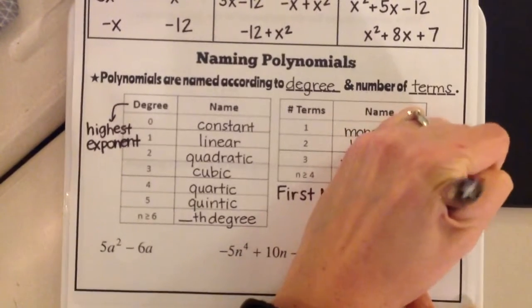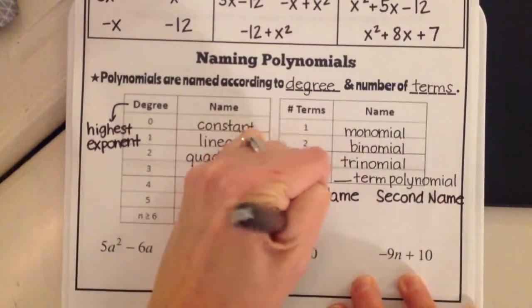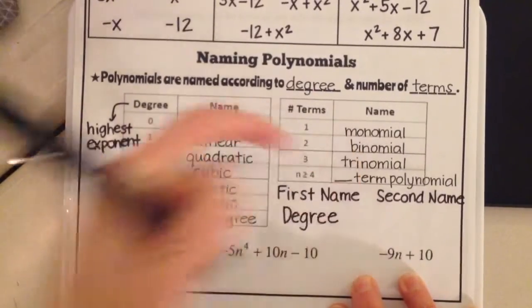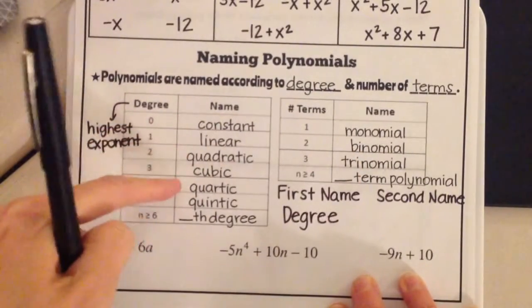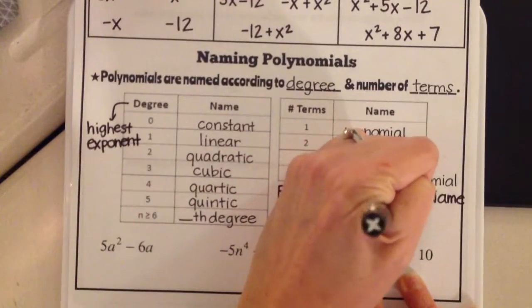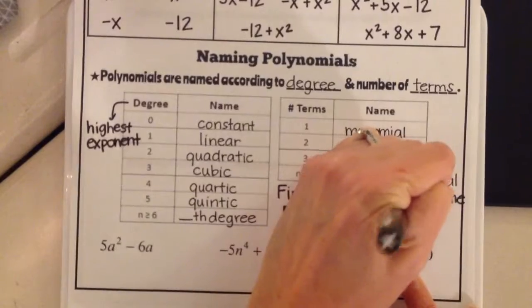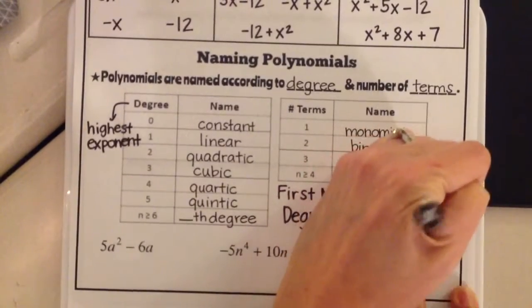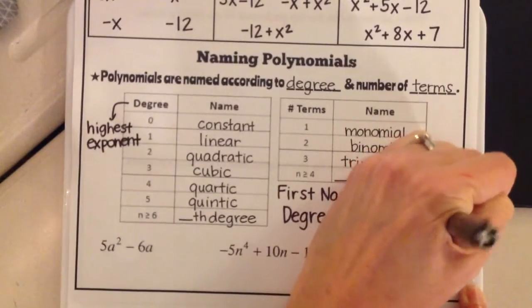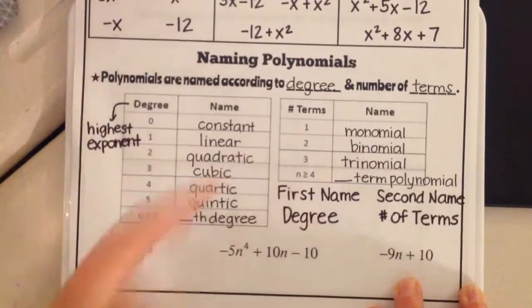Okay, the first name is going to come from the degree. So these names are going to be what you say first. So constant, linear, quadratic, cubic, quartic, quintic, nth degree. The second name is going to come from the number of terms. So it could be a linear monomial, a cubic trinomial, okay? So that's the order that you apply those names.